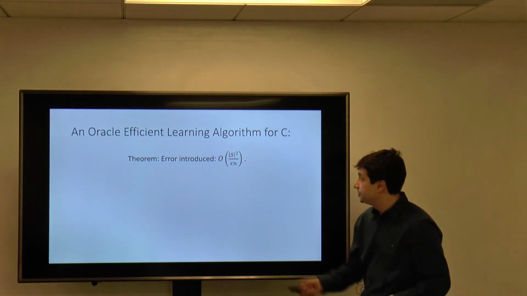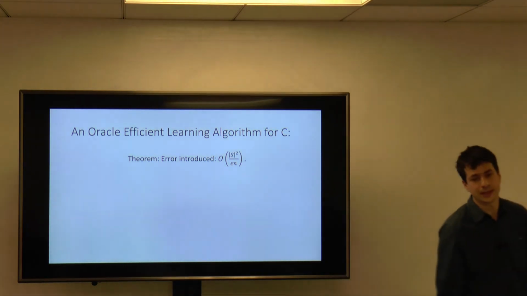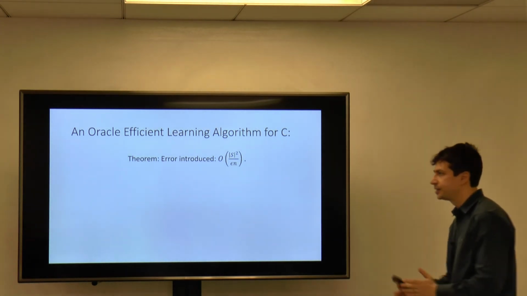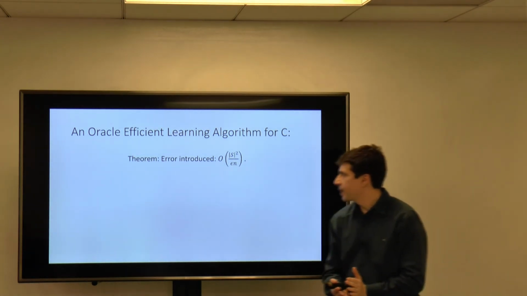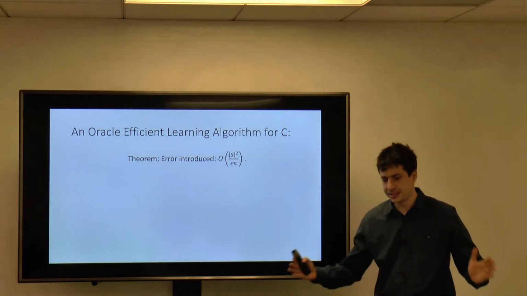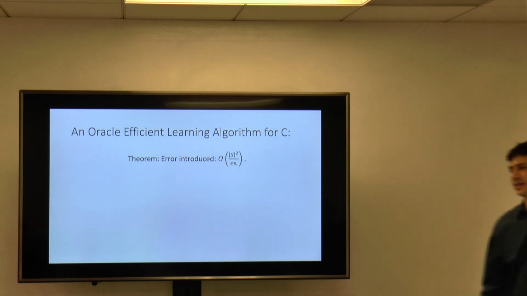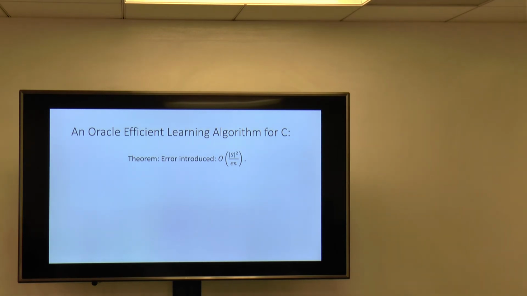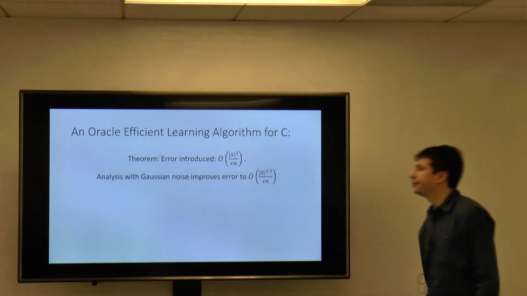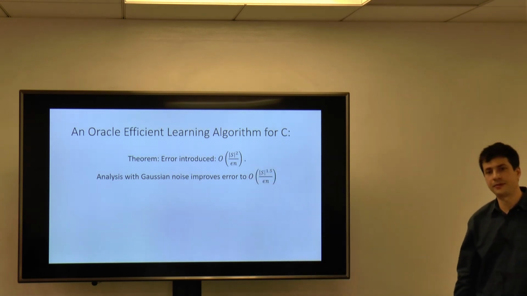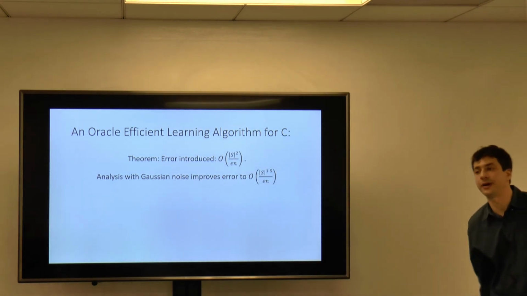The error introduced is the size of the universal identification set squared over epsilon n, because we're adding s many random points, but each of them is given a weight that's proportional to s as well. If you do a slightly more careful analysis with Gaussian noise, you can get this dependence on the size of the universal identification set down to s to the 1.5.